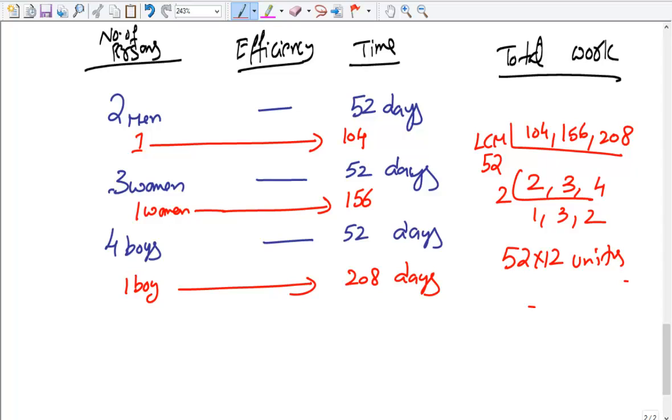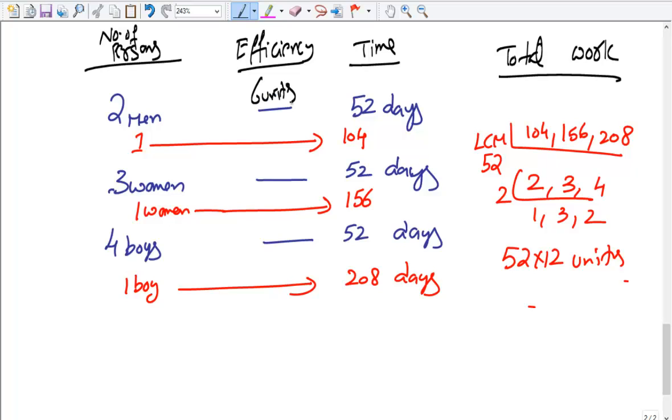Now what is given here? If one man finished the work in 104 days, the capacity of that one person is quite easy to find. If one man takes 104 days to finish 52 × 12 units, then obviously the capacity of the person is 6 units a day.